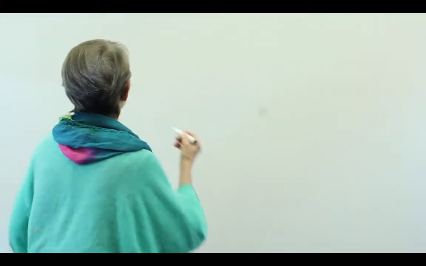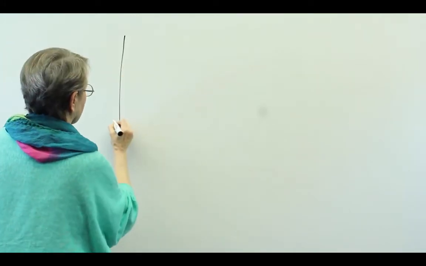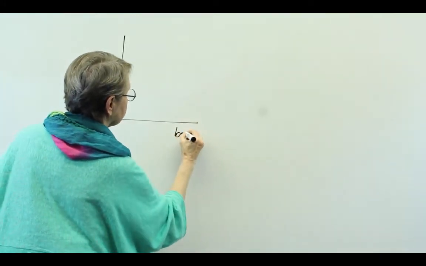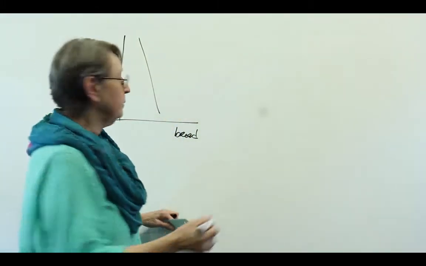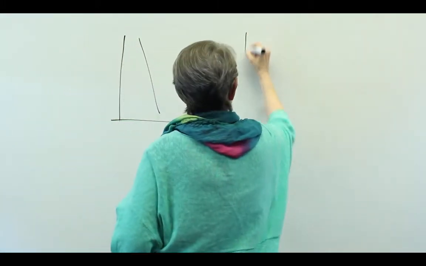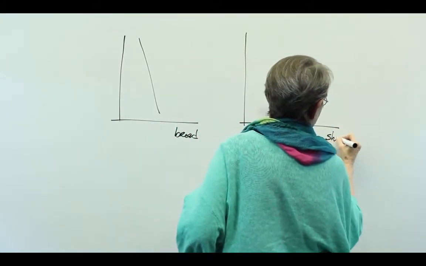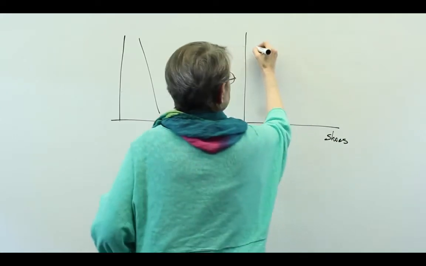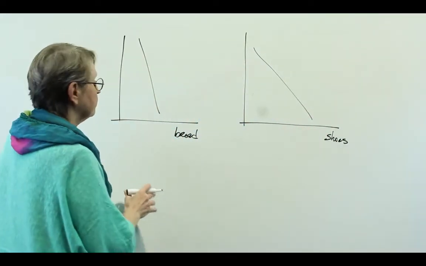So let's have an example. I'm going to draw two demand curves here. I'm going to draw a demand curve for bread. There's a demand for bread. I'm going to draw a demand curve for shoes. We expect demand curves to look like that.